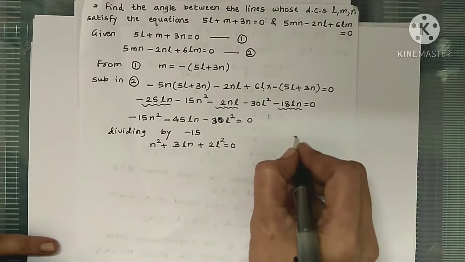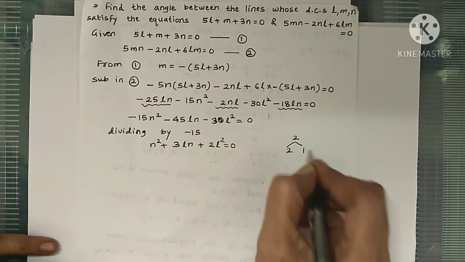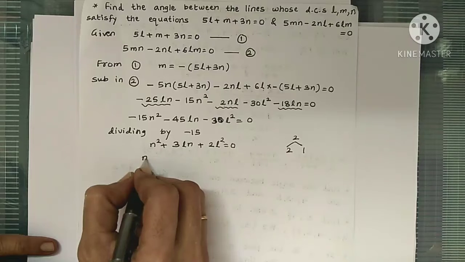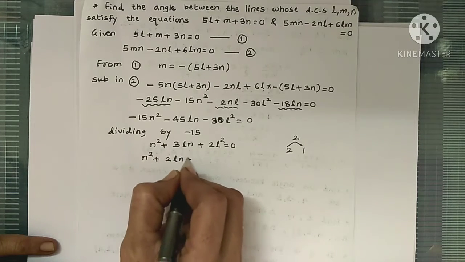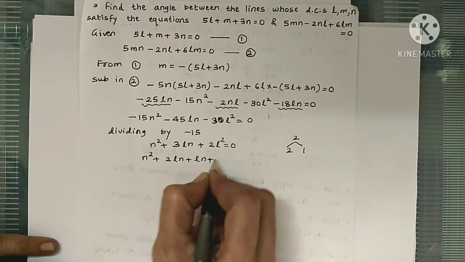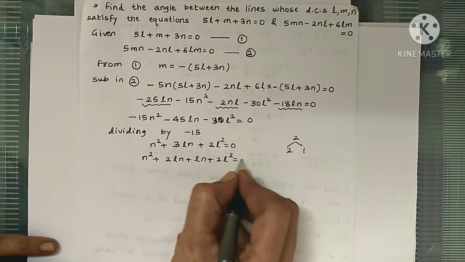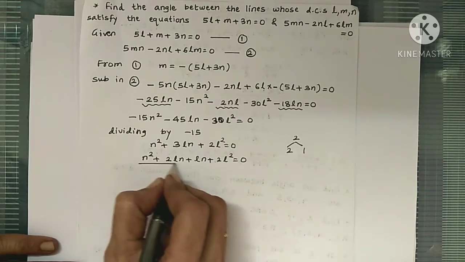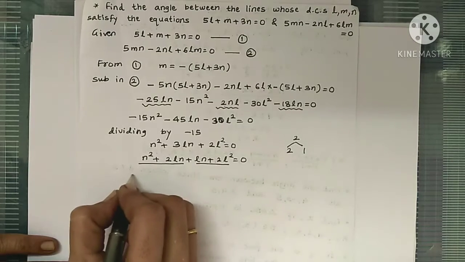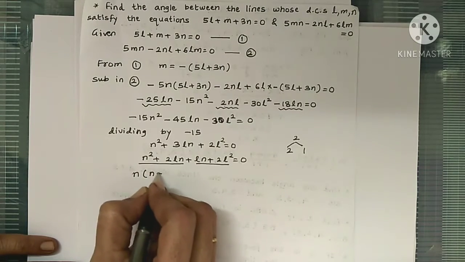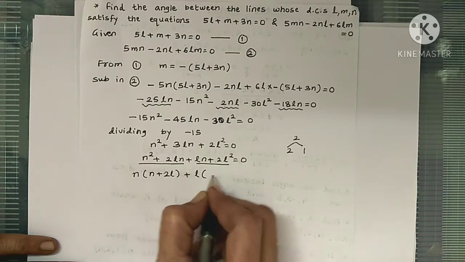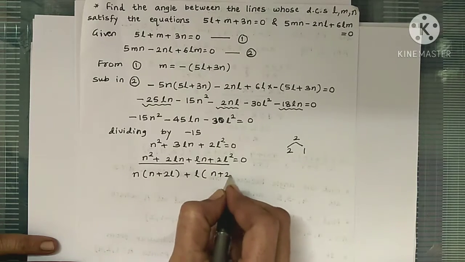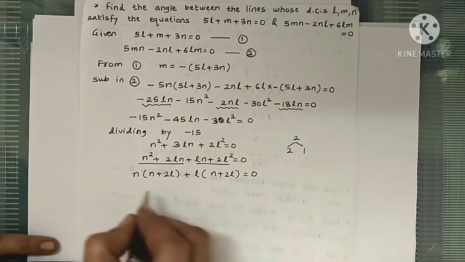We can write 3 as 2 plus 1. So n square plus 2ln plus ln plus 2l square equal to 0. Taking n common from the first two terms, we get n + 2l in the bracket. Take l common from the other two terms, so again we get n + 2l.